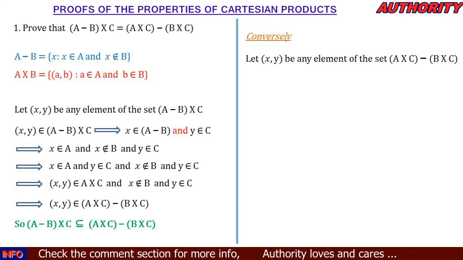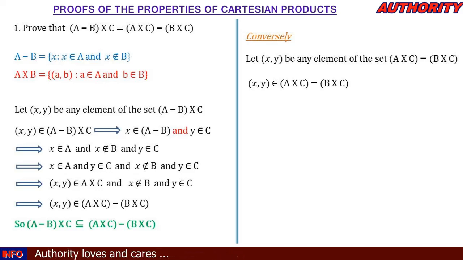So if we let X comma Y be any element in the set A cross C difference B cross C, that implies that X comma Y exists in A cross C difference B cross C. What does it mean? We have difference.